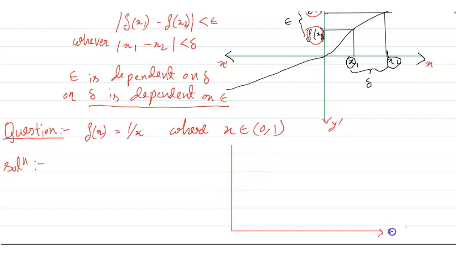This line is x and this is y and this is the point 0. So friends, this is the curve. Now I have chosen one point x1, and this point is x2, and here I get f(x1). This point is f(x1) and this point is f(x2).